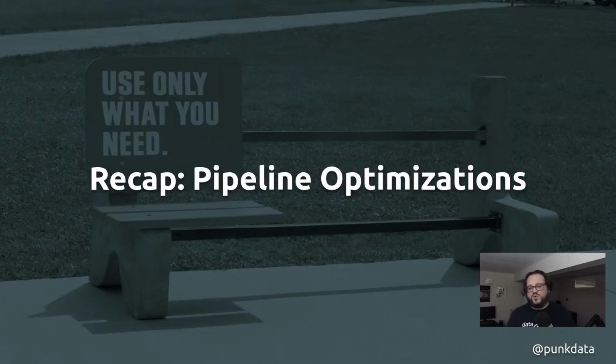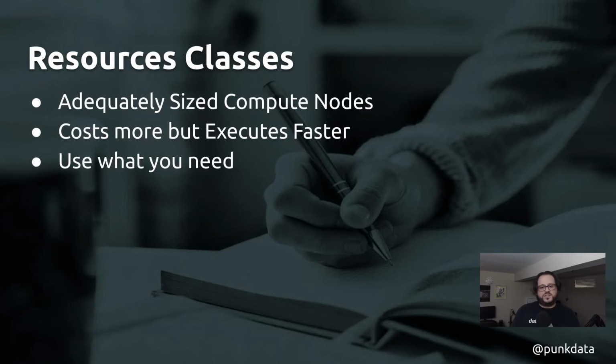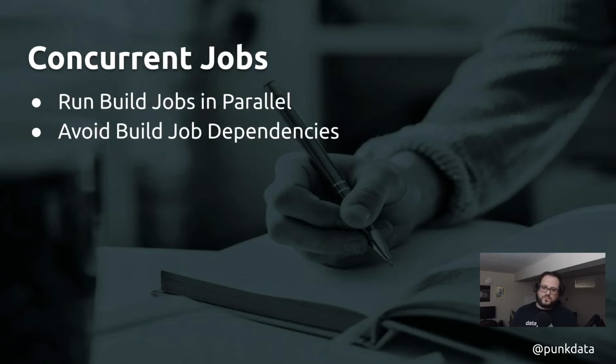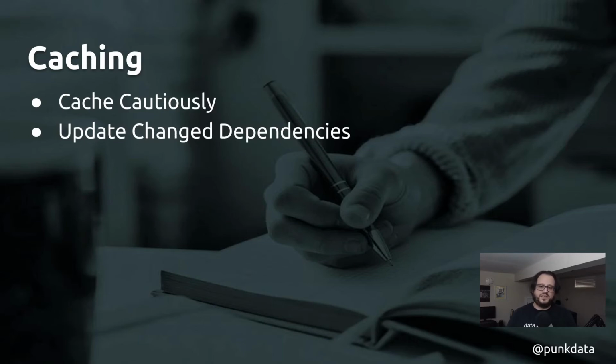So let's recap real quick on the pipelines optimization piece before we jump into pipeline sprawl. So of course, resource classes, right? Just get adequately sized compute nodes. And just use what you need, right? What you actually need. Concurrent jobs, right? Just run your build jobs in parallel and avoid dependencies where you can. Caching, cache cautiously.